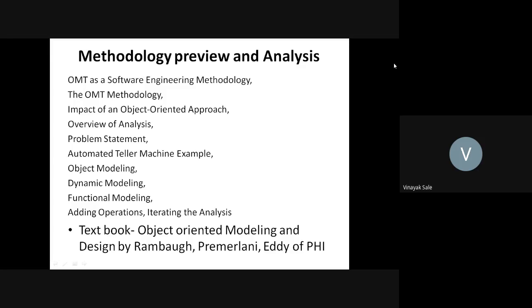These are the points regarding this chapter, and for this chapter we will use the book Object Oriented Modeling and Design by Rumbaugh, Tata McGraw Hill publications.